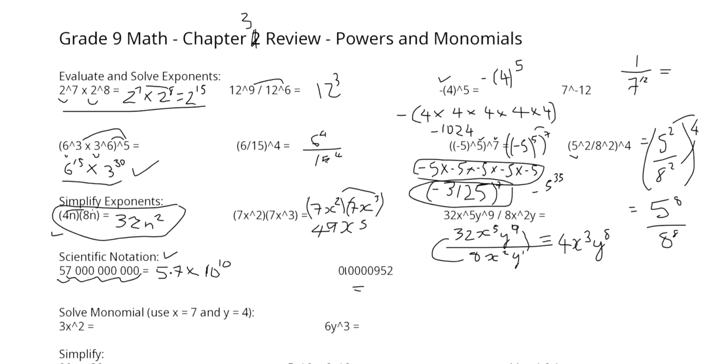Okay, so we're not using anything other than that. And all numbers that are not 0 must be included, based on the placement values. So how many zeros did we move? 1, 2, 3, 4, and then the 9 makes 5. Okay, so 1, 2, 3, 4, 5. So we move 5 times.